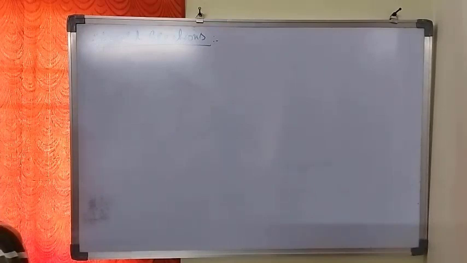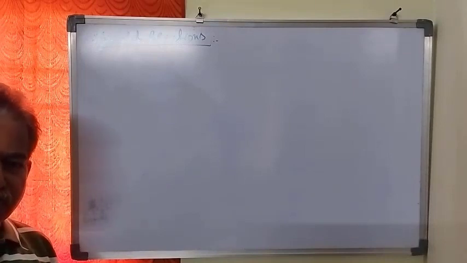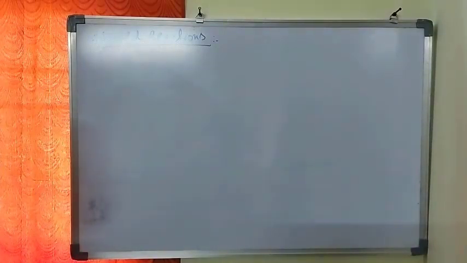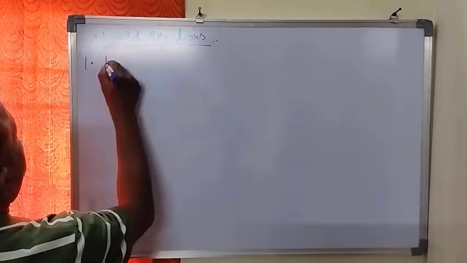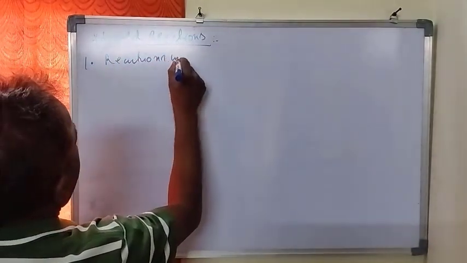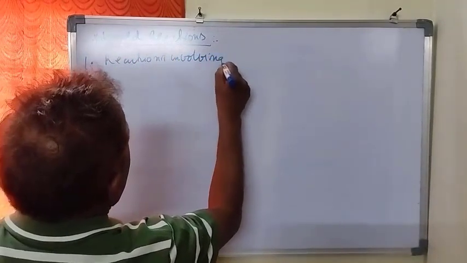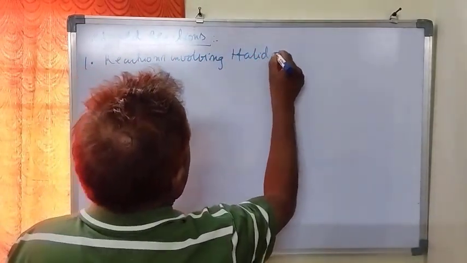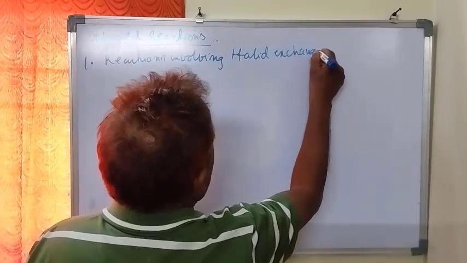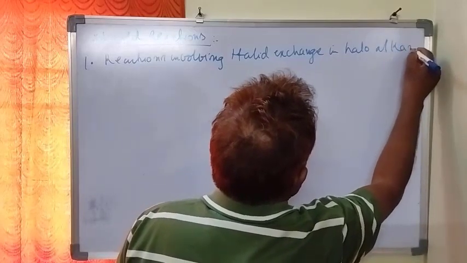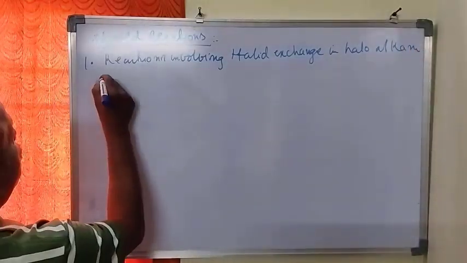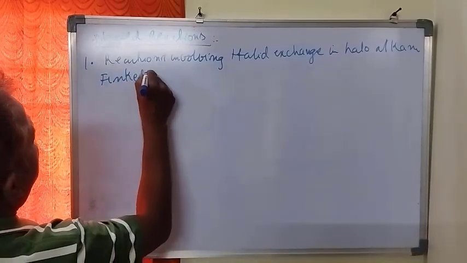So here let us discuss the reactions which come in the same category, or reactions which involve the preparation of the same substance, or reactions which the same substance undergoes. So the first type is reactions involving halide exchange in haloalkanes. So the first one is the Finkelstein reaction.